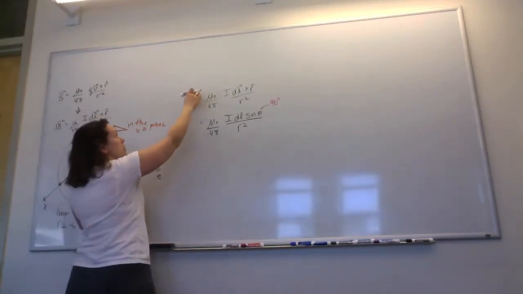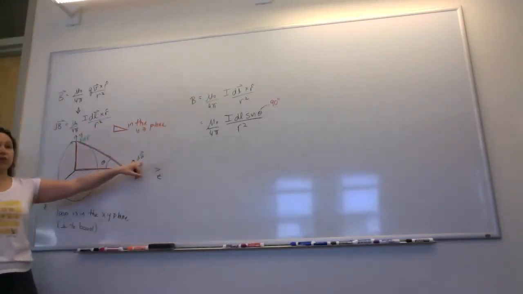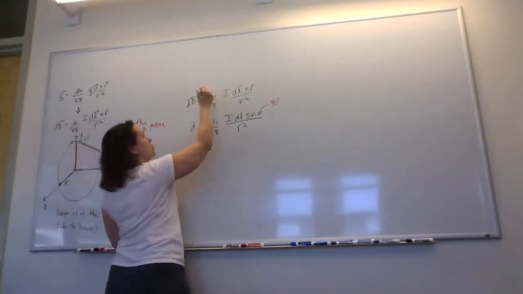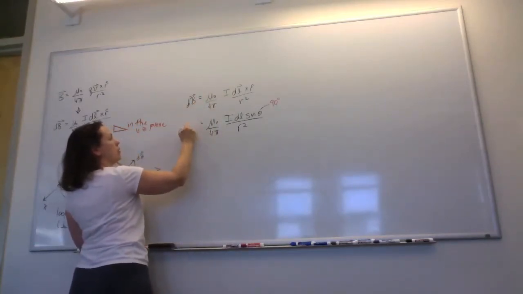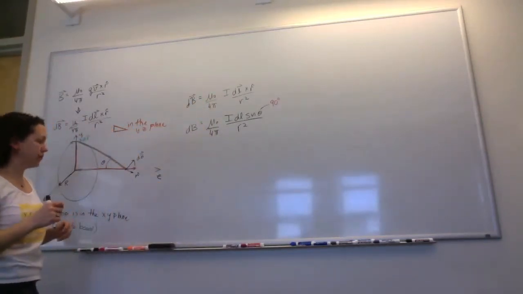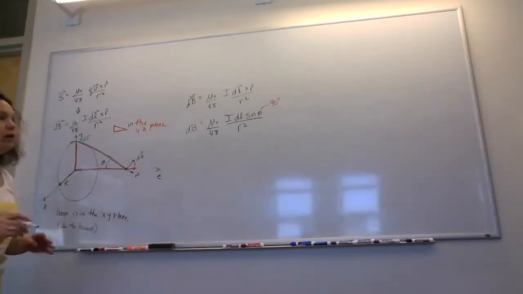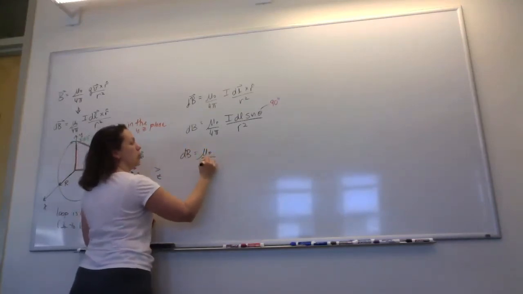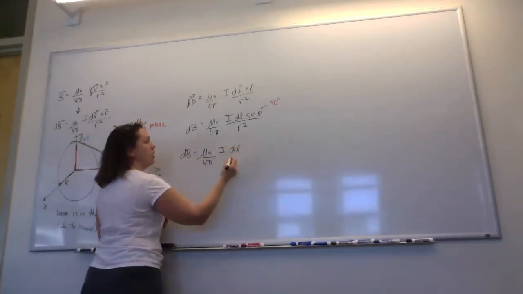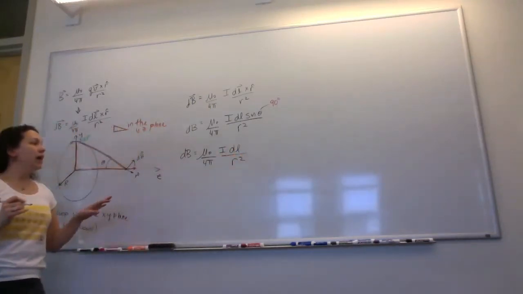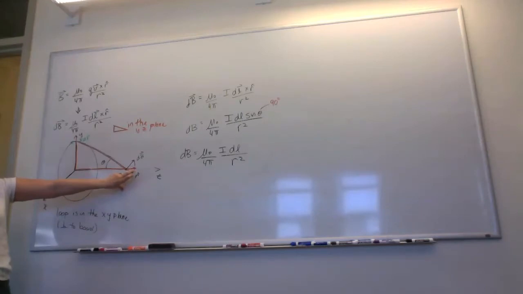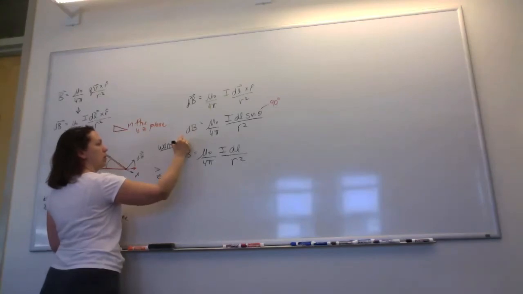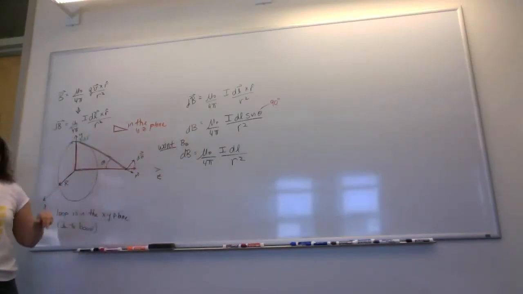So that's just the magnitude of that little bit of dB. dB is equal to mu naught over 4 pi I dl over r squared. And the part that I care about is the z component.